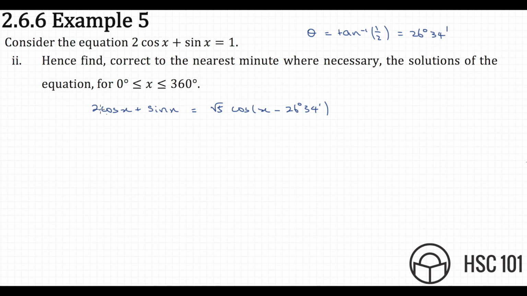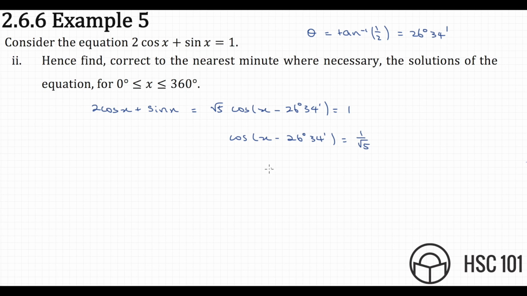If I know that 2 cosine x plus sine x can be rewritten as root 5 cosine of x minus 26 degrees and 34 minutes, then solving 2 cosine x plus sine x equals 1 is the same as solving square root 5 times cosine of x minus 26 degrees and 34 minutes equal to 1. In other words, cosine of x minus 26 degrees and 34 minutes is equal to 1 over square root 5.